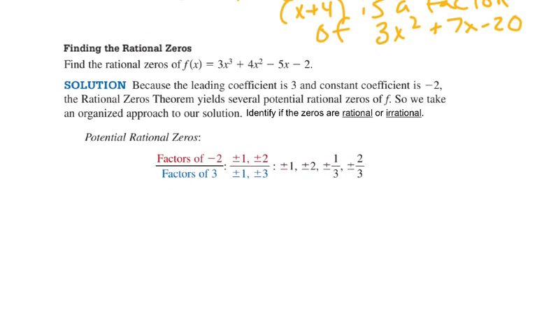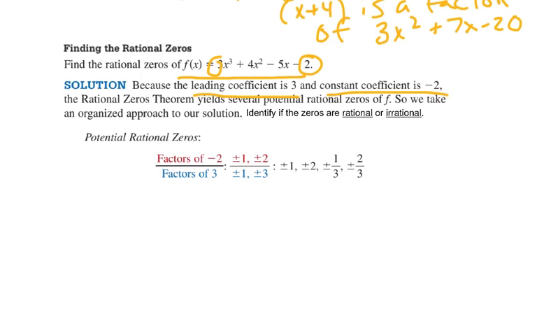All right, then the next piece that we have, and again, not a fun part of Algebra 2 because it gives you a lot of work to do, but at the same time, it then gives you the answer. So either way, we're going to find the rational zeros. If we want to find the rational zeros of this, we take the leading coefficient, which is 3, and the constant coefficient, which is negative 2.